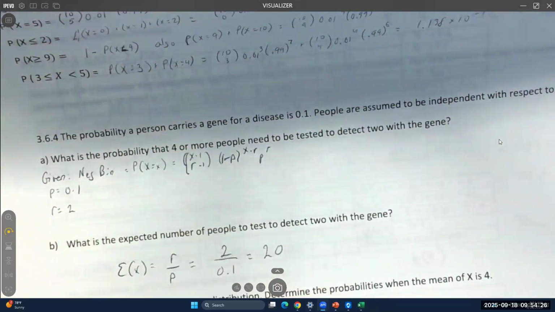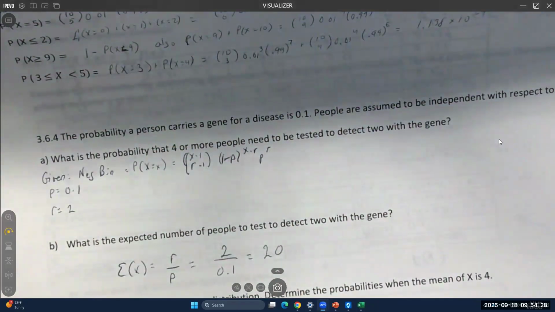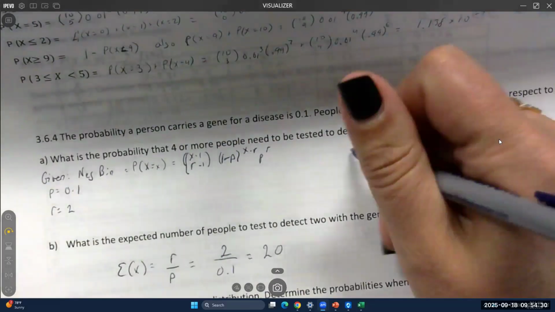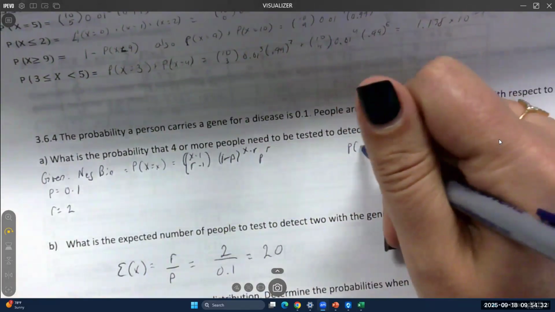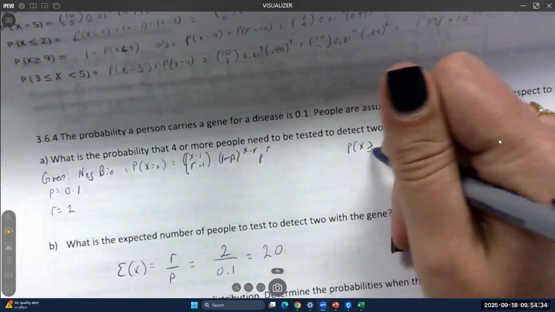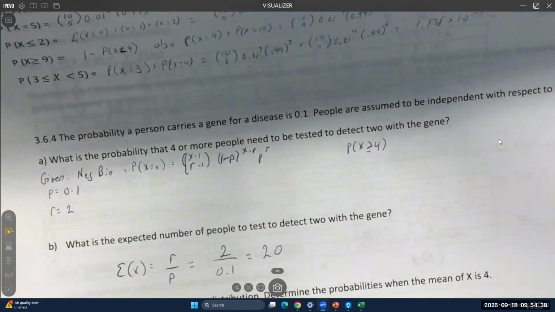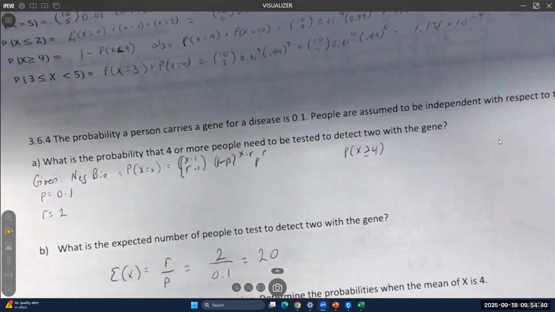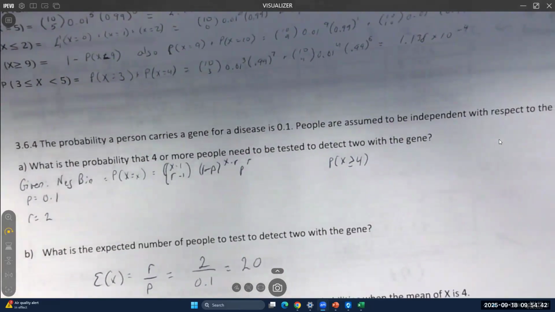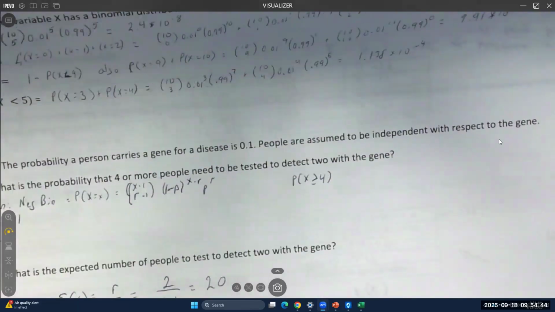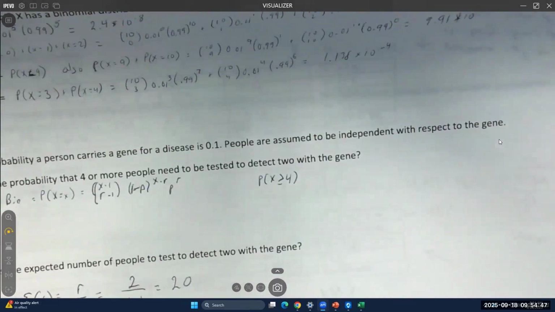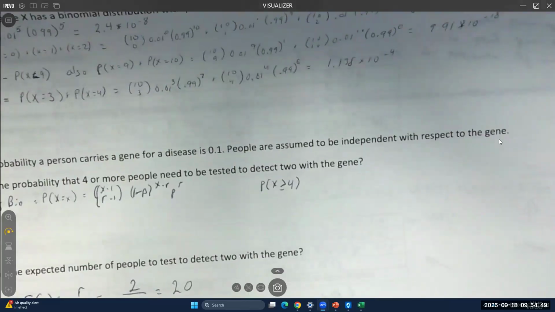So I'm looking for 2 successes. And the question is asking for the probability that x is greater than or equal to 4. Now I can't really find that, because out of what? What's my cap? How many total people would there be? Theoretically, we could test all of Vanderburgh County or something. We could test all the students at USI, right?